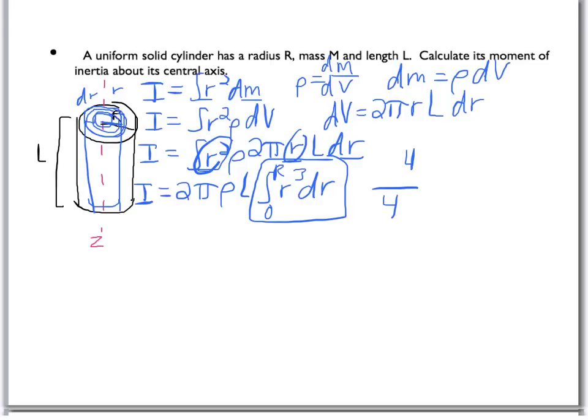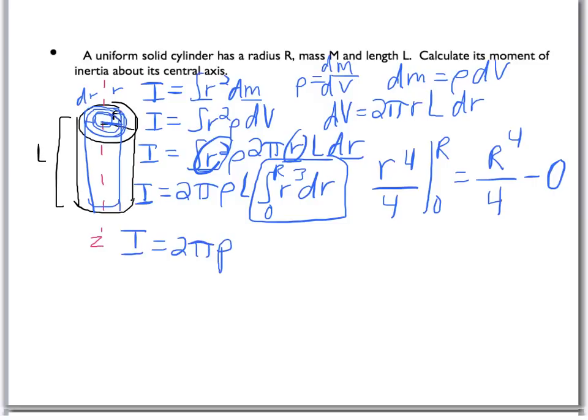So we would have our r to the fourth over 4 and then evaluate from 0 to capital R. Now plugging in capital R, you would get capital R to the fourth over 4, and then plugging in 0, you would just get a big 0. So we can write our equation now as the 2 pi rho L multiplied by R to the fourth over 4.